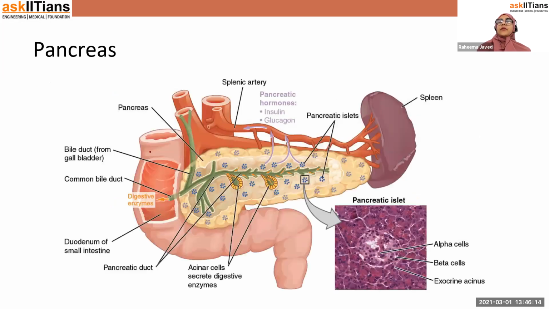This is the diagram of pancreas. Okay, the pancreatic acini are there, and there are islets of Langerhans. Islets of Langerhans cells are endocrine in nature.